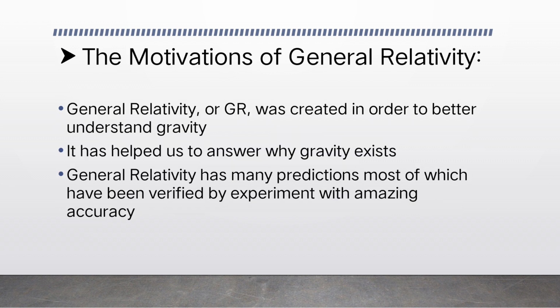The motivation of general relativity. General relativity, or GR, was created in order to better understand gravity. It helped us to answer why gravity exists. General relativity has many predictions, most of which have been verified by experiment with high accuracy.